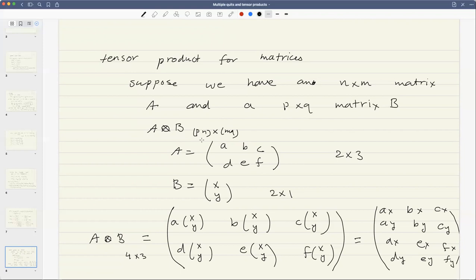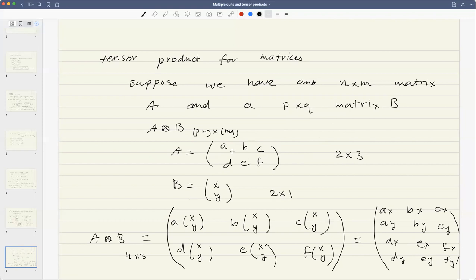So essentially every element of A is replaced by a P times Q matrix, right? Then that means that the number of rows of A, so in this case, I had 2 rows, is multiplied by P, the number of rows of B. So in this case, the number of rows of B was 2. And then every element was multiplied by that. So the number of rows is multiplied by 2. And then every column, again, becomes P columns. So that's the dimension.